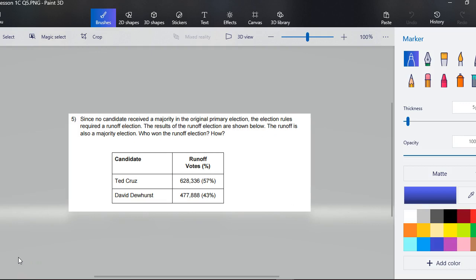The runoff is also a majority election. So who won the runoff election? And right here, you'll notice that Ted Cruz received 57% of the votes. So he received more than 50%. That's how and that's who won that election.